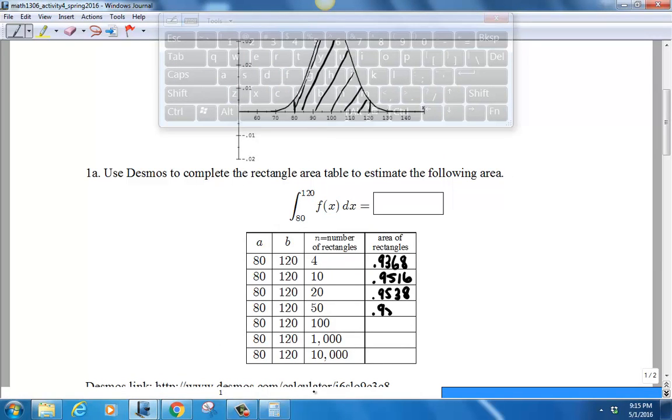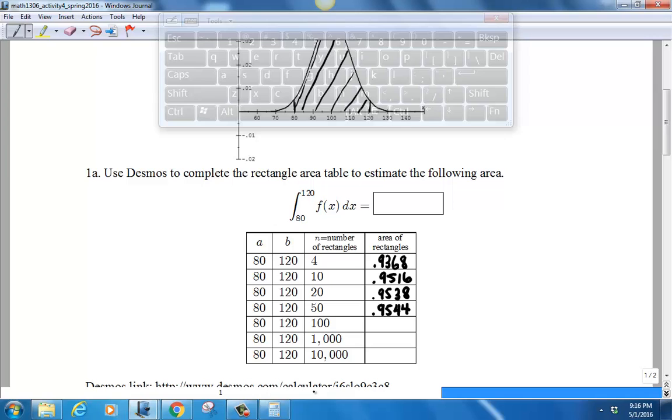So very clearly you can see that as we are increasing the number of rectangles, we're getting a progressively better estimate for this area beneath this curve between 80 and 120, but not after 50 rectangles. Our approximation is not changing all that much. So I'm going to let you continue here to fill in more and more rectangles.